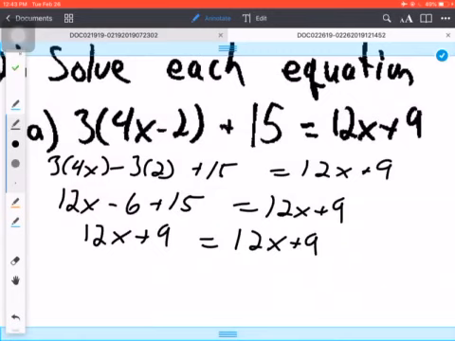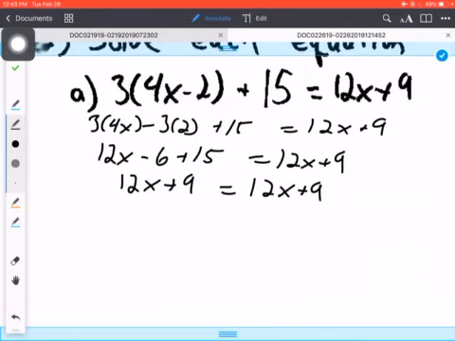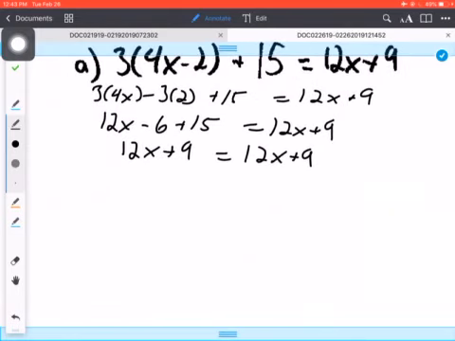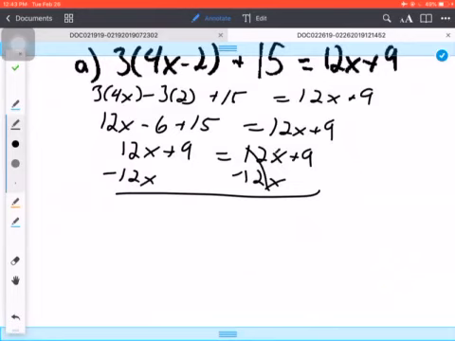And I'm not sure if you can see this yet or not, but on the left side, we have 12x plus 9. On the right side, we have 12x plus 9. Those are exactly the same, which means this is going to be an all solutions or an identity. But if you don't see that yet, let's keep moving. So we want to get rid of the variable term on one side. So let's say I'm going to subtract 12x to create a 0 pair.